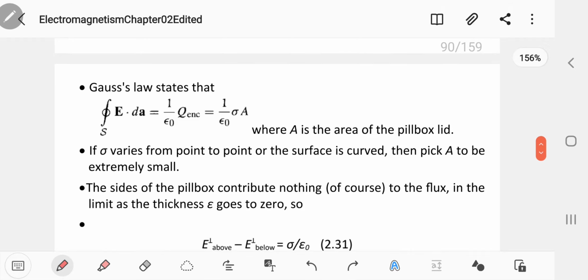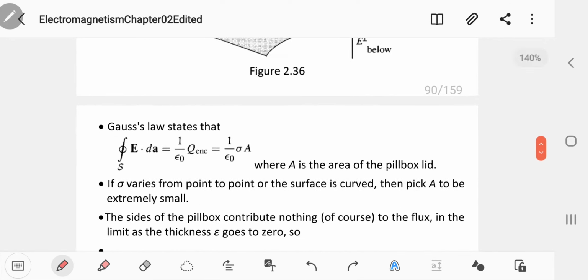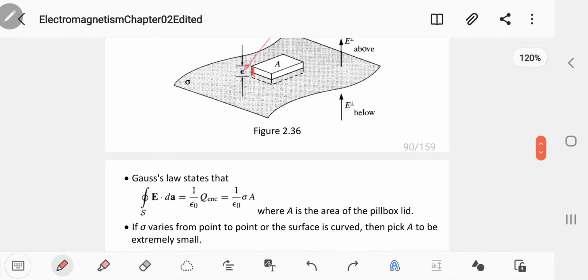So using Gauss's law, the Q enclosed is equal to sigma A. That's the charge. Actually, sigma is equal to the total Q over area.